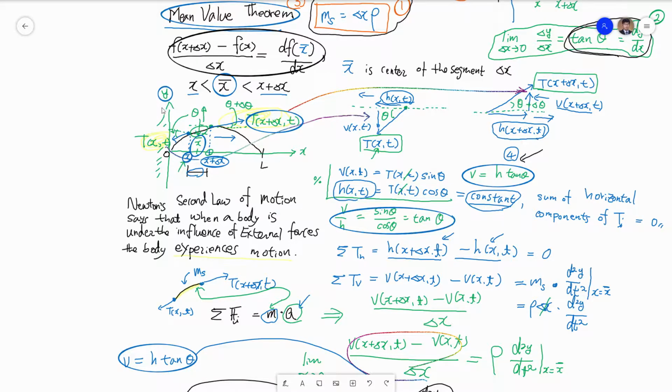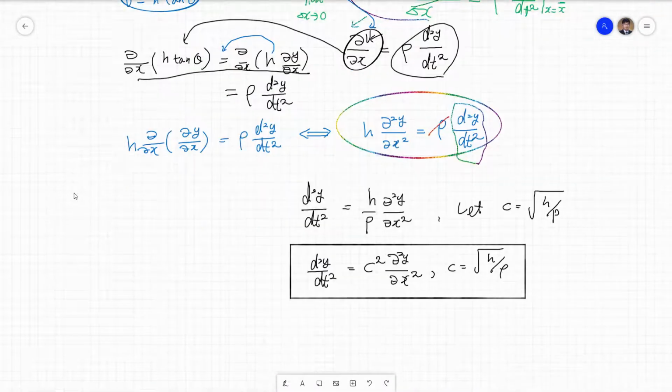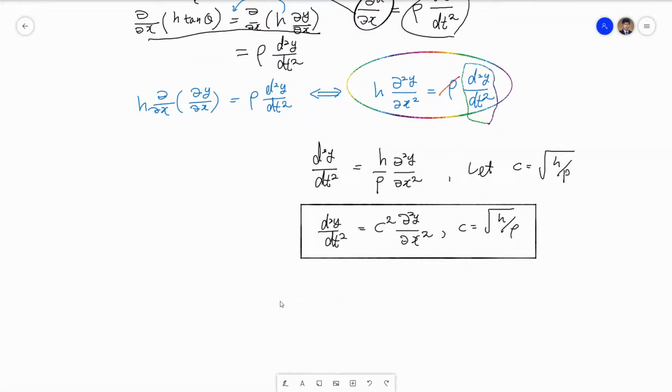Instead of y, we can expand this equation for three-dimensional vibration like this. We will substitute phi for y.